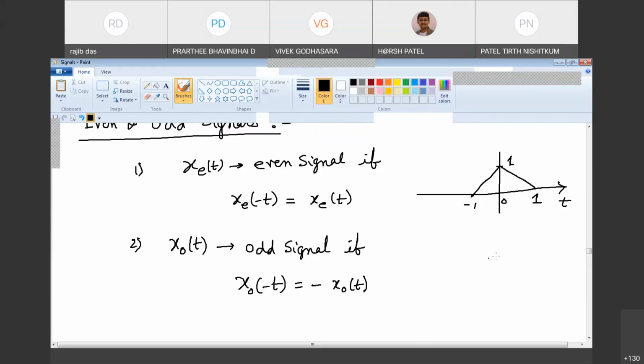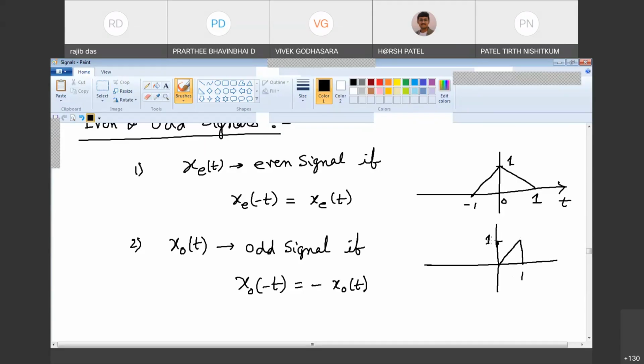Now take one example. Okay. Now, if I consider this is the right side part, so that one, this one, this is the maximum peak 1.